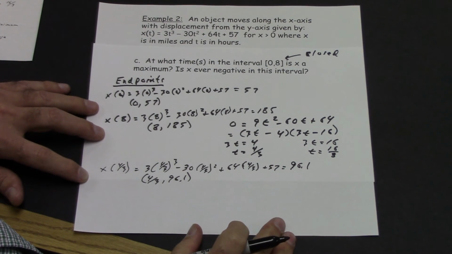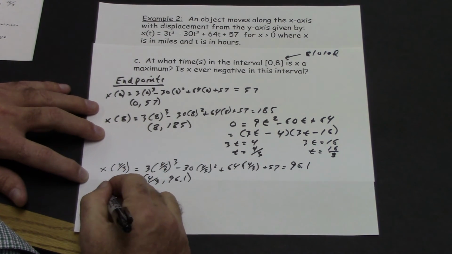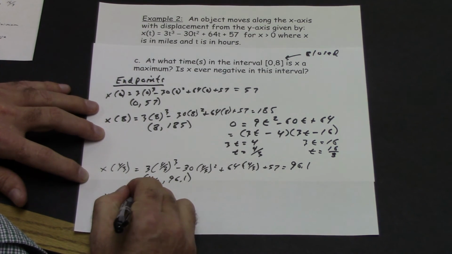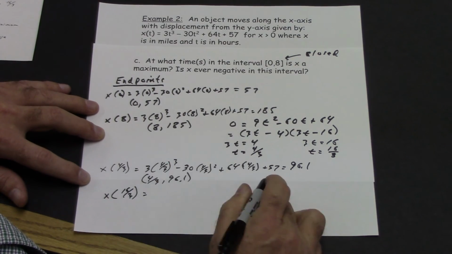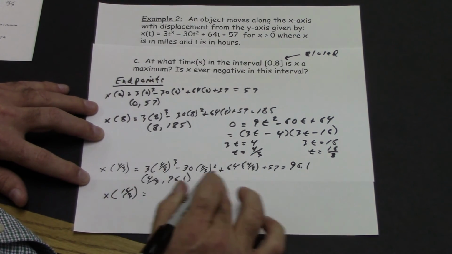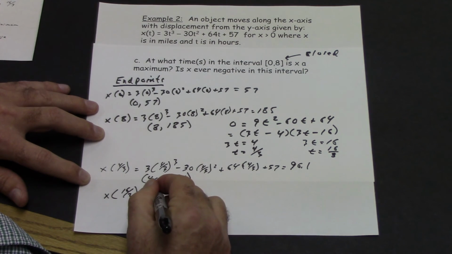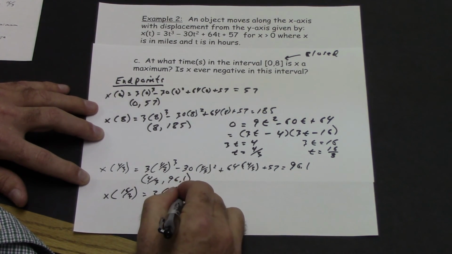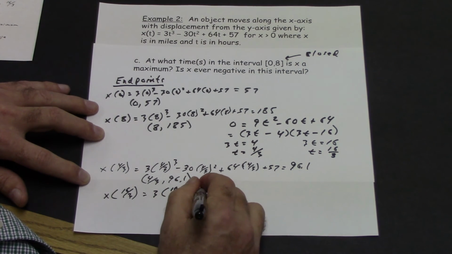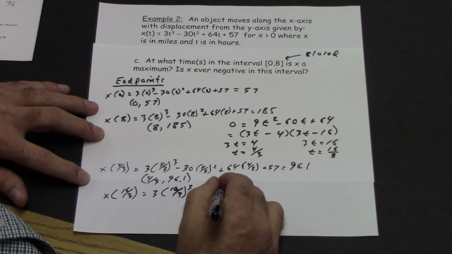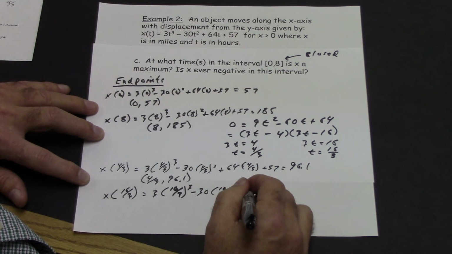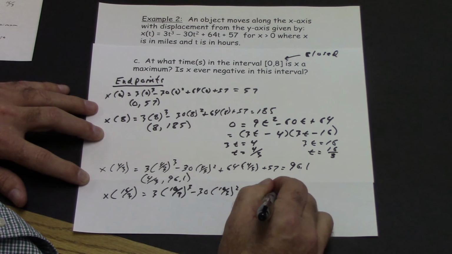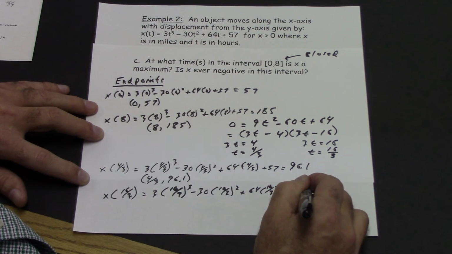So let's try our other critical number this time. So let's try x of 16/3. So once again, substituting 16/3 into our position function for t, this will give us 3 times 16/3 cubed minus 30 times 16/3 squared plus 64 times 16/3 plus 57.